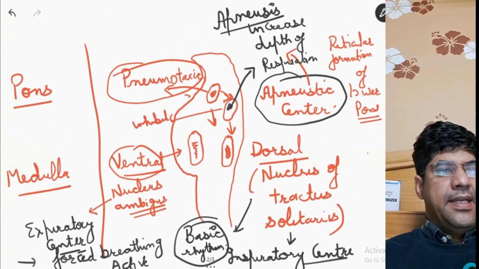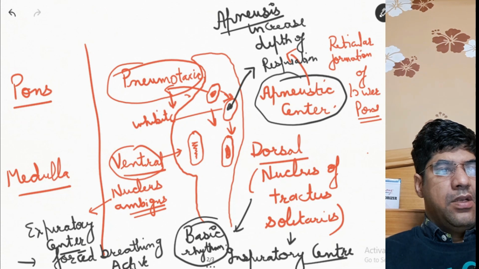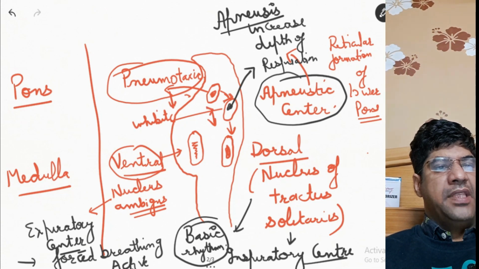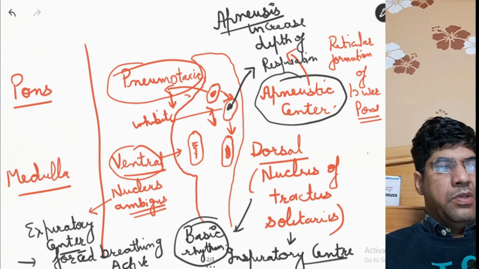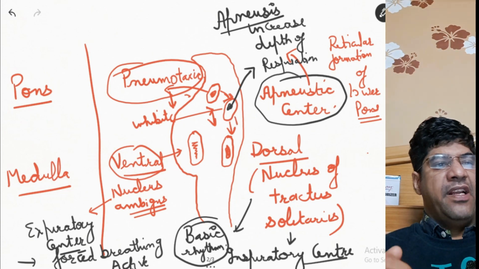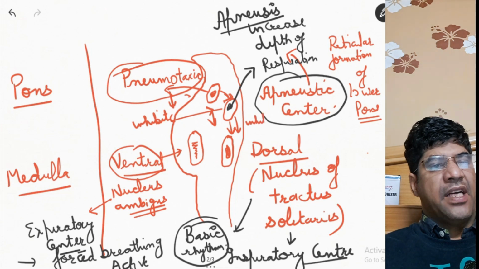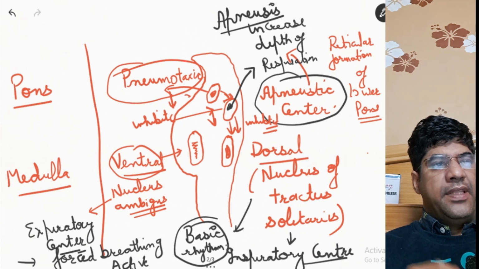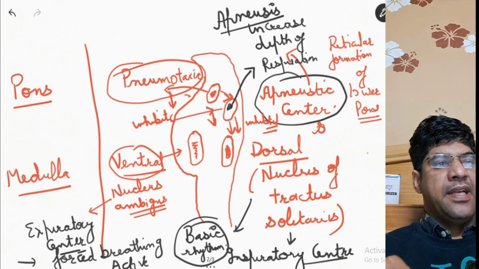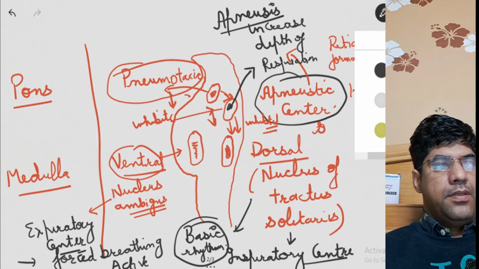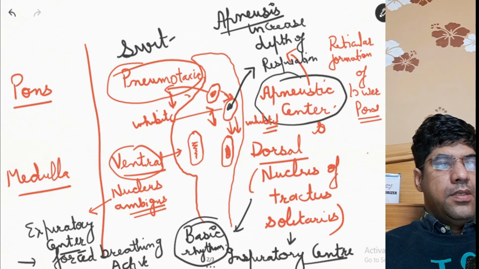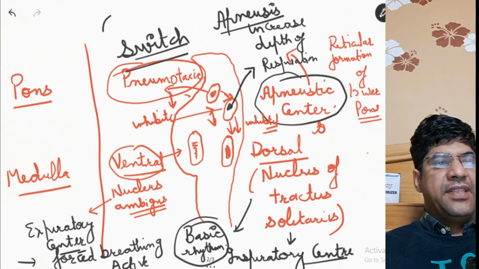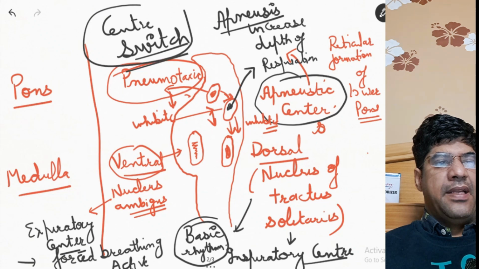The pneumotaxic center inhibits the apneustic center so that the dorsal group neurons are inhibited. Because of this, inspiration stops and expiration starts. So this center acts as a switch between inspiration and expiration. It increases the respiratory rate by reducing the duration of inspiration.